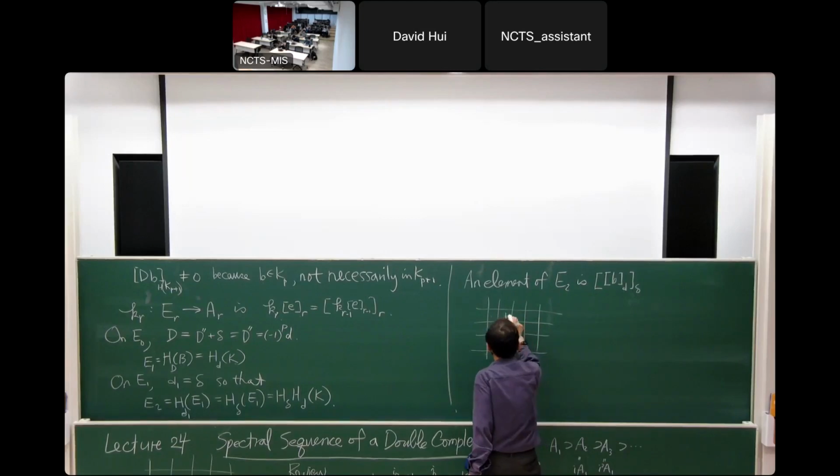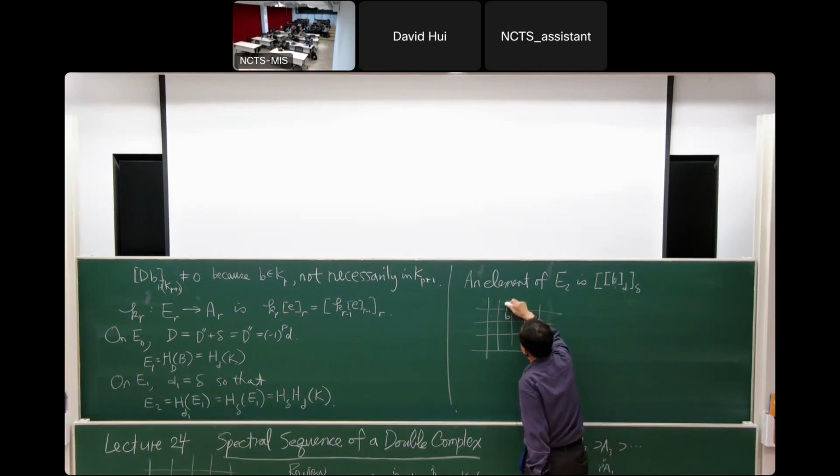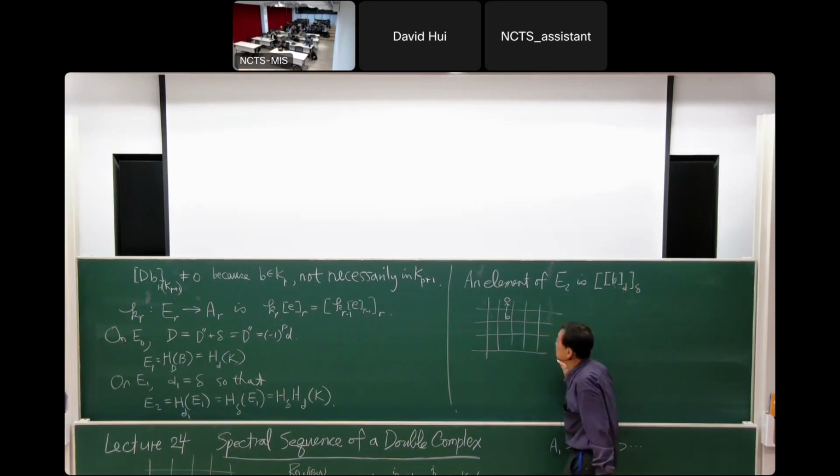B is here, and in order for its class in H_d to be defined, it has to be a cocycle with respect to d. And in order for its class in H_delta to be defined, there has to be a C like this.